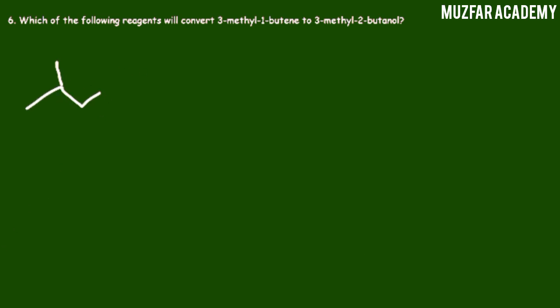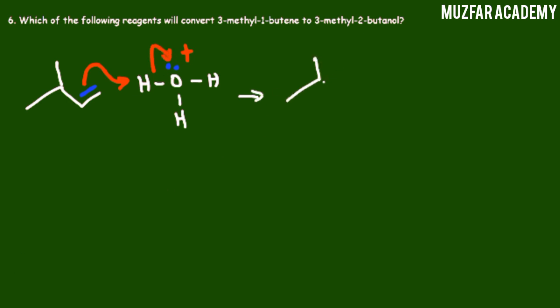Now, let's focus on this reaction, but with H3O+. You need to be familiar with the mechanism for this reaction, because it's a common one. So the nucleophile, the alkene, is going to grab a proton. That proton is going to go on the primary carbon of the double bond, so we can get a more stable secondary carbocation intermediate.